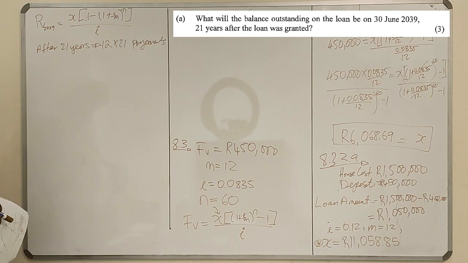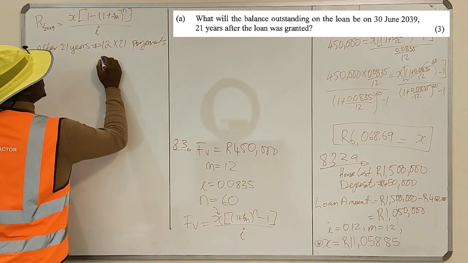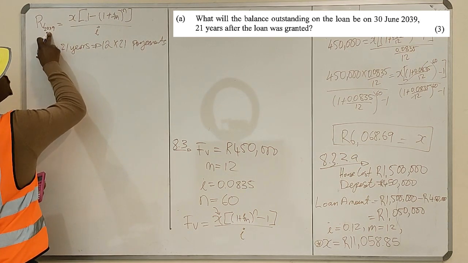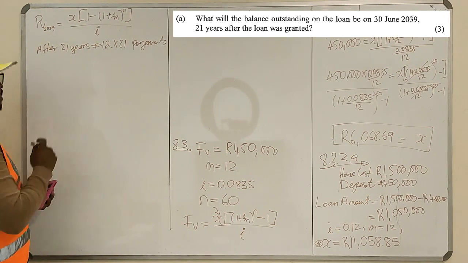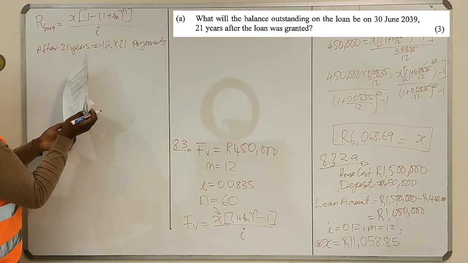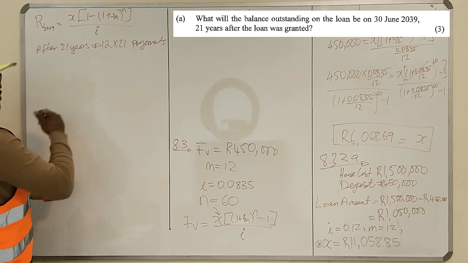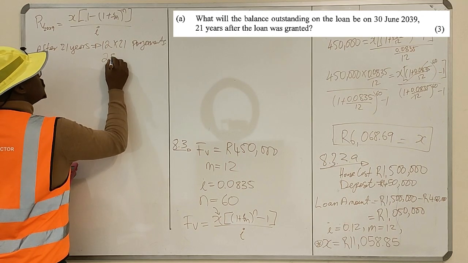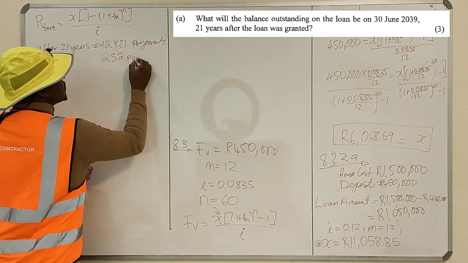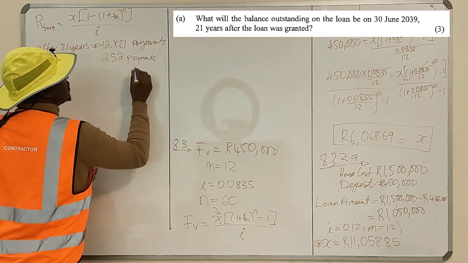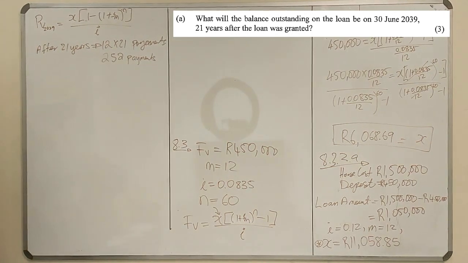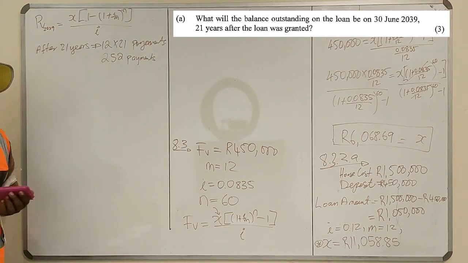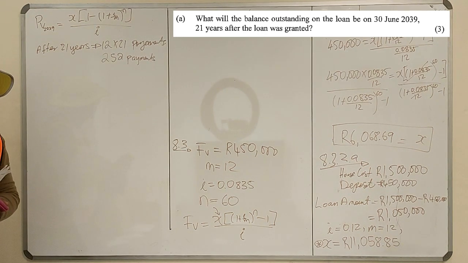So 12 times 21 is 252. So on 30 June 2039, a total of 252 payments were made into the account. How many payments are outstanding? Because the n that is there is for the outstanding payments.